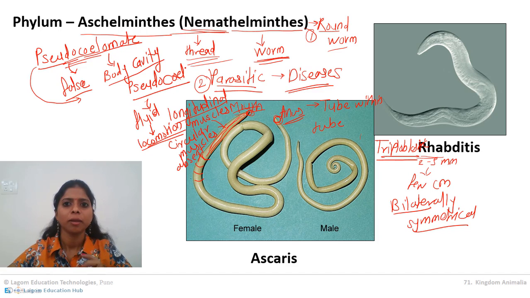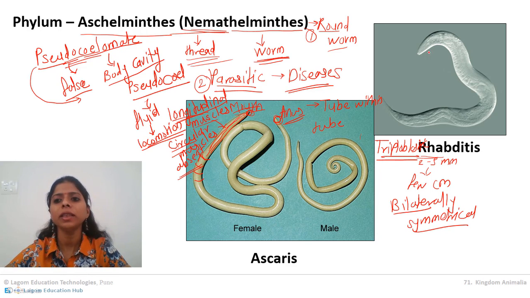Remember, the animals are pseudocoelomate, so only a few muscles are developed, other muscles are not. Only longitudinal muscles are present, but circular muscles are absent. The body cavity, the pseudocele, is filled with water-like fluid, and that fluid helps the animals to move, which is called hydraulic movement.